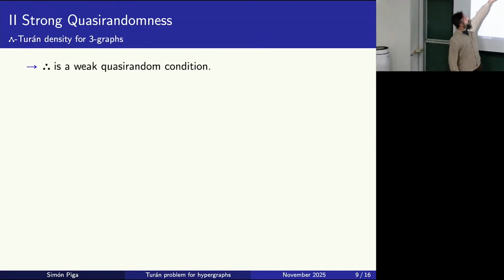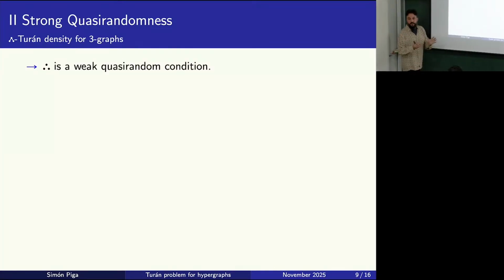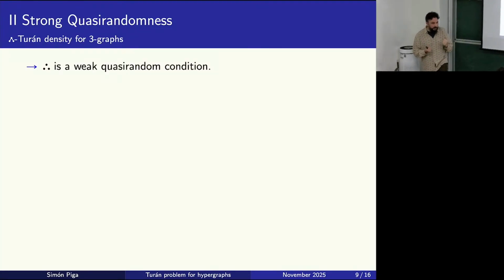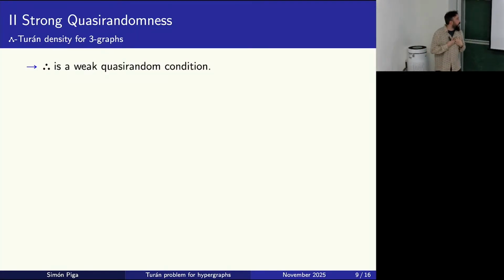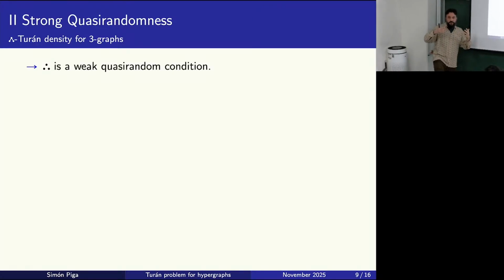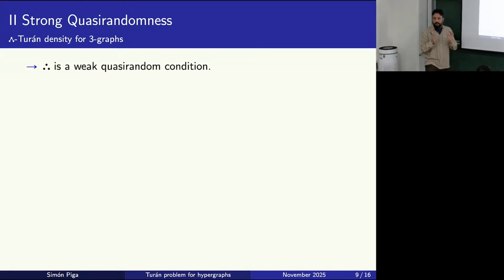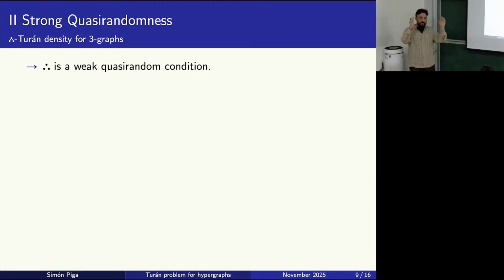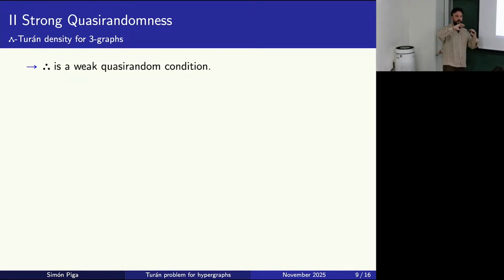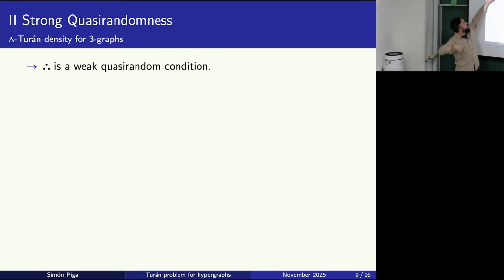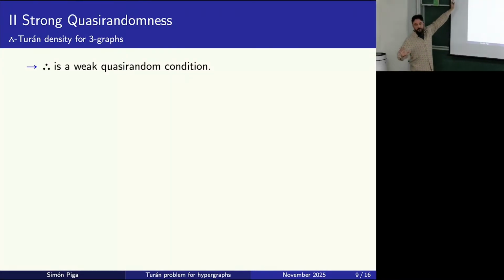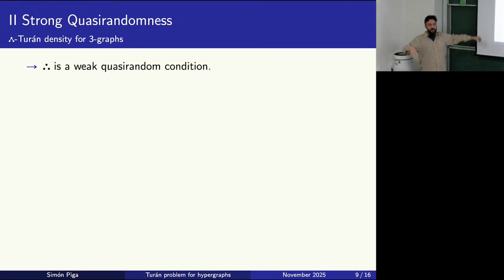I said before that there are many quasi-randomness notions that you can define for hypergraphs, and you can maybe come up with some different strange ones, but one can definitely organize the best-studied quasi-randomness notions in a lattice, and say this one is stronger than this other. There will be one which is the strongest of all, and this one is precisely the weakest of all the well-studied quasi-randomness notions.